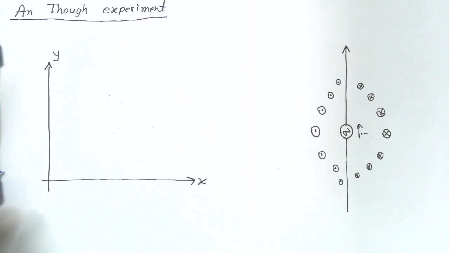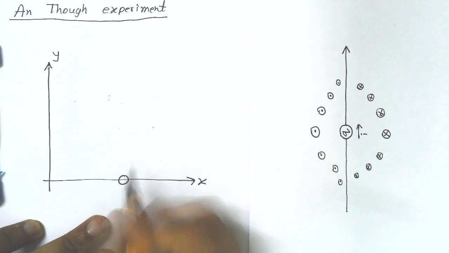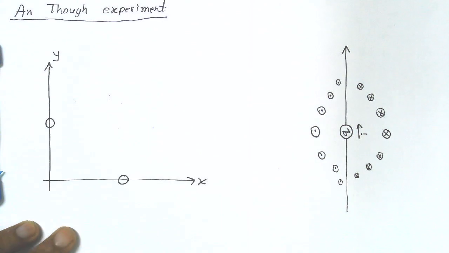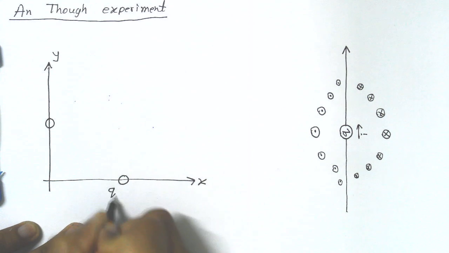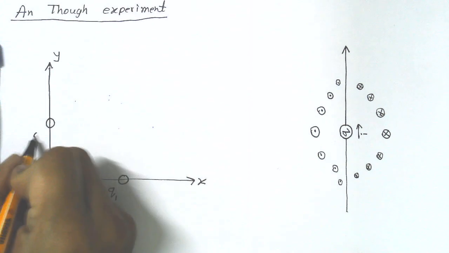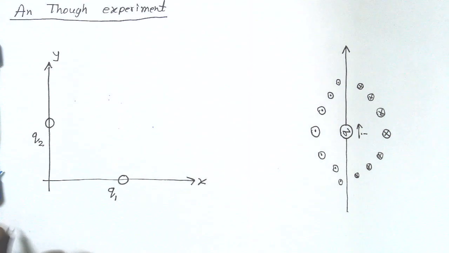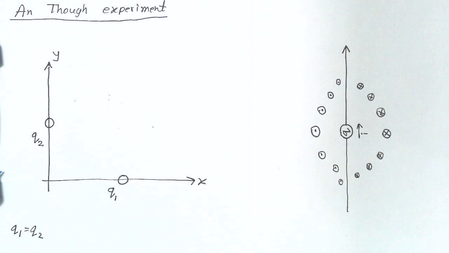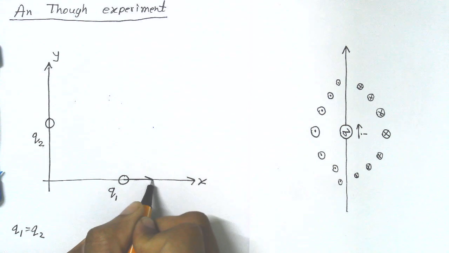I will take two charged particles, q here and another one q here. Let me call these q1 and q2. But q1 and q2 are the same, equal. So I write that q1 is equal to q2. Identical charged particles.